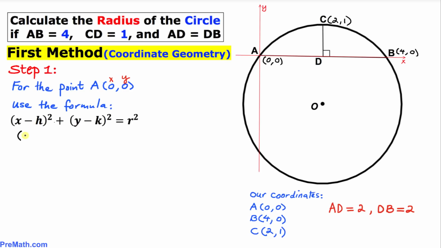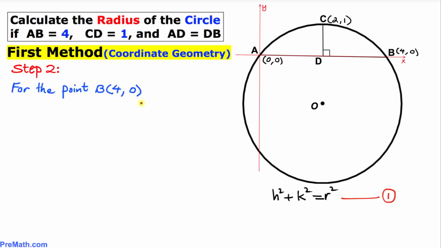X in our case is 0, so (0 minus h) squared plus (0 minus k) squared equals r squared. We know (0 minus h) squared is simply h squared, so h squared plus k squared equals r squared, and I'm going to call this equation number 1.